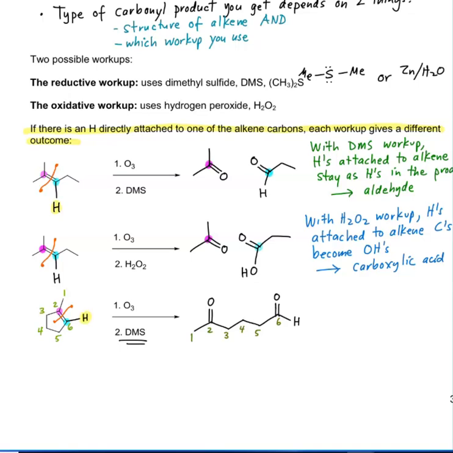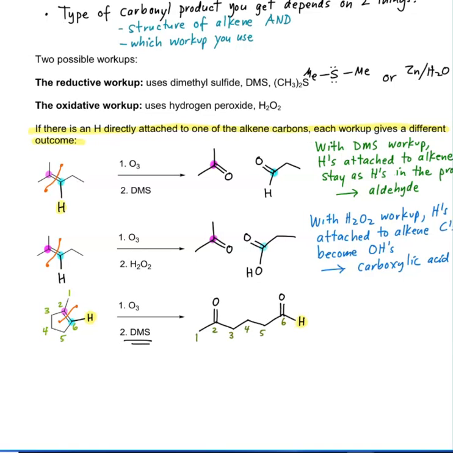So this H here is that one. Now, what if we had used the other workup? Well, in that case, we get almost the same thing, except instead of an H, we'd have an OH.